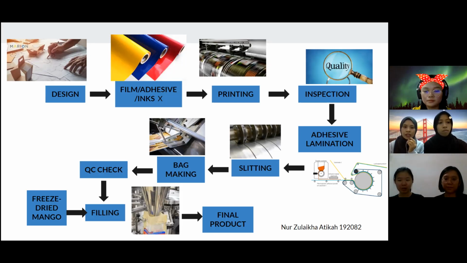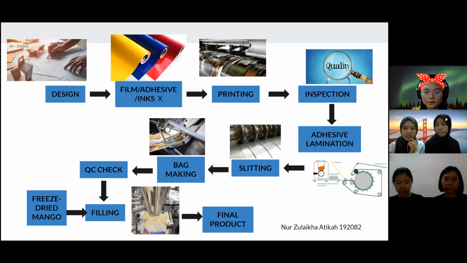And then we will move on to slitting. Slitting is where we cut the film to the desired measurement that we would like. And then we go to the bag making. In the bag making, there are a lot of processes, such as we put on the slit open fold, and then we put a gusset.